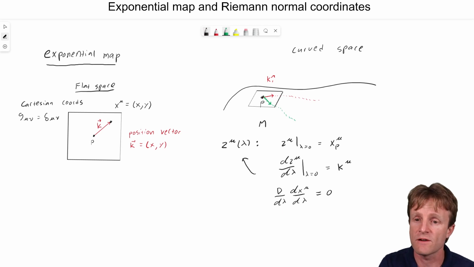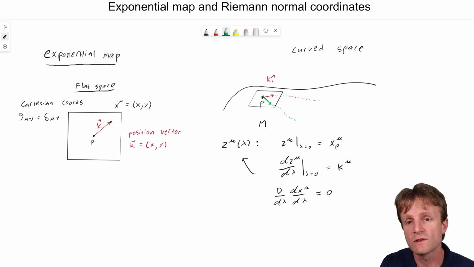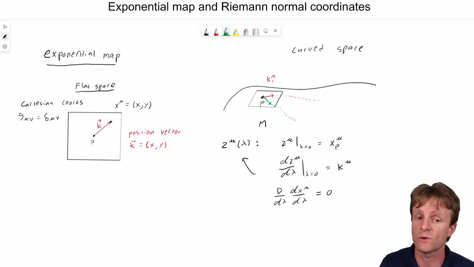And so you see that every vector at the point P determines a geodesic curve. And in the position vector construction on the left, if you think about it, the position vector we drew is just moving along a geodesic curve from P to the point, which is the same thing as going unit affine parameter along that straight line geodesic.